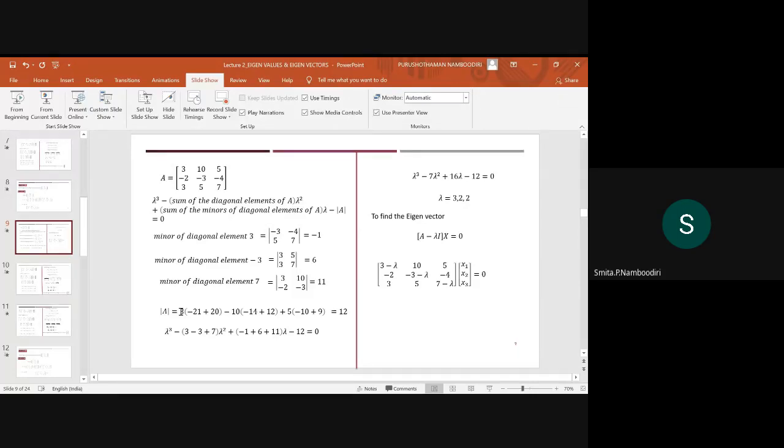Yes, no? Okay. Yeah, so determinant of A is equal to, is it okay, 12 then?